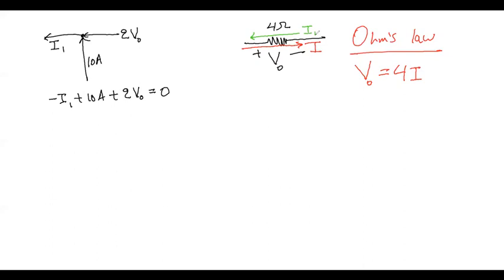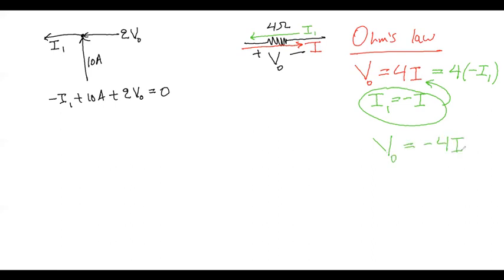So we can say that I1 is equal to minus I, so I equals minus I1. Substituting, V naught equals minus 4 times I1. That's it. This is the relation between V naught and I1.